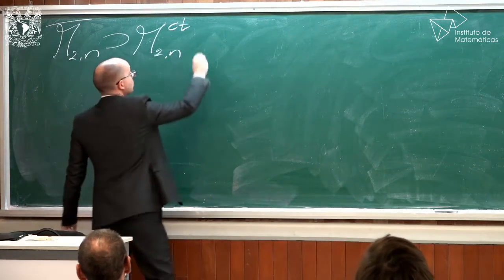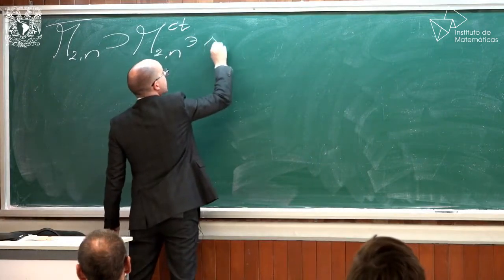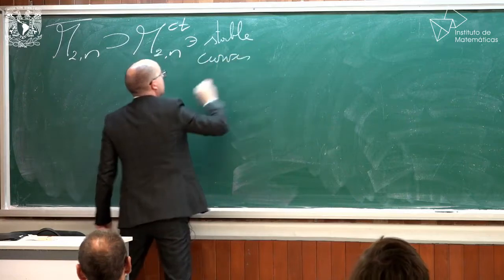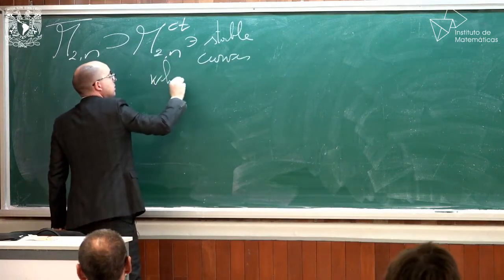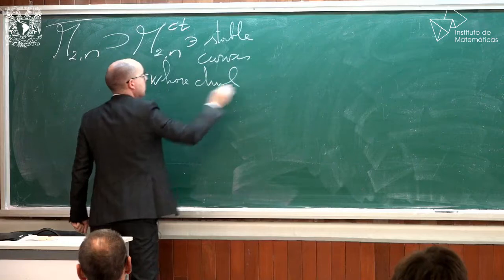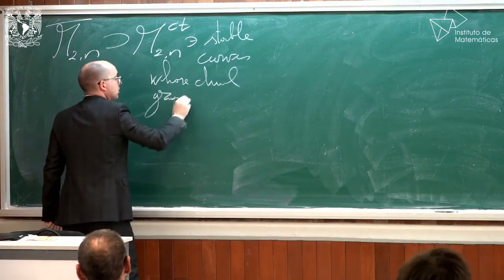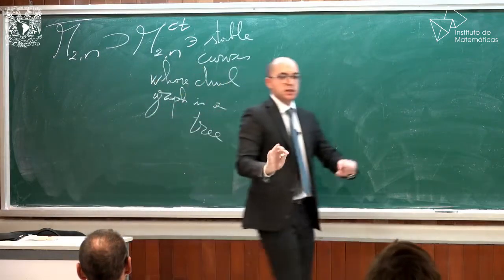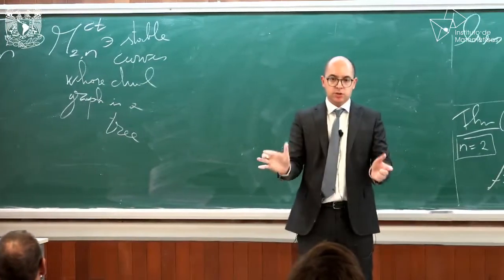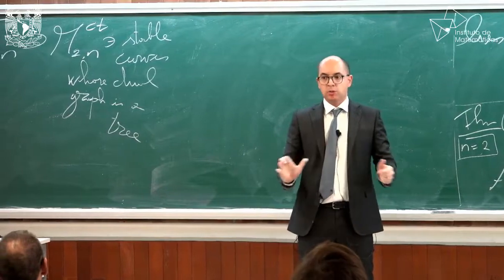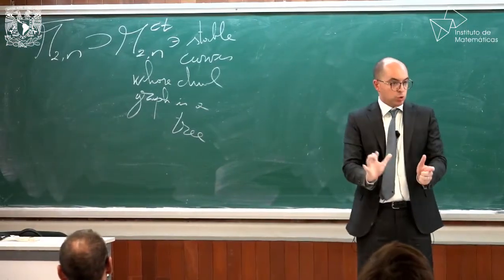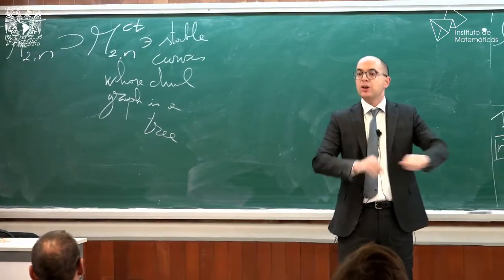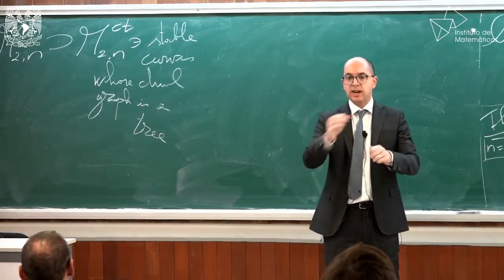Namely, this is the moduli space of stable curves whose dual graph is a tree. Just for simplicity, we have the formula on our M_{2,n} bar, but I will show you the formula on this smaller moduli space. This allows me to get rid of all the graphs which are not trees, so all the graphs which have loops.